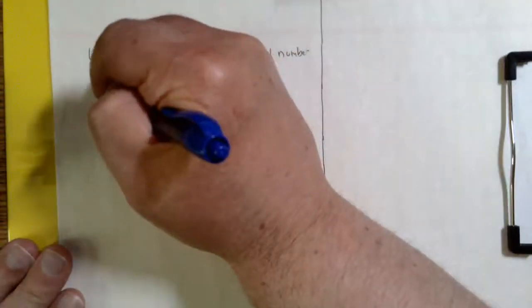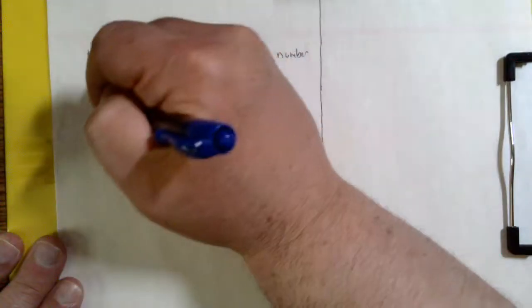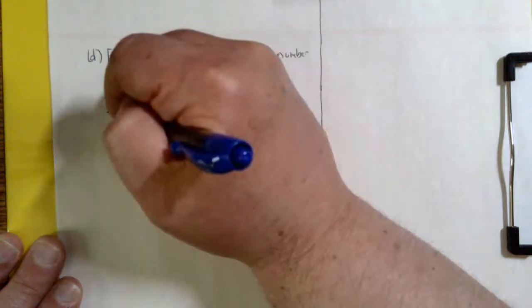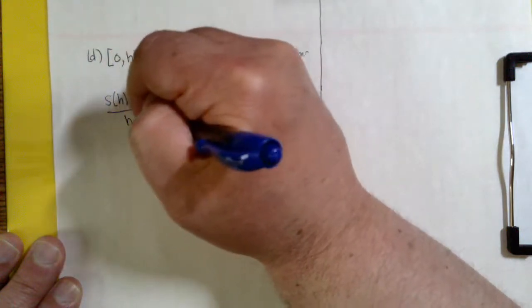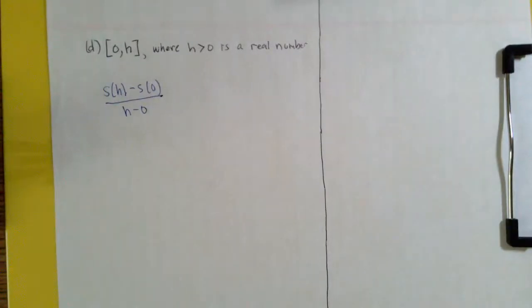Just like before, we'll have change in y over change in x, or s of b minus s of a over b minus a. But in this case, the b, the right end of the interval, is h.